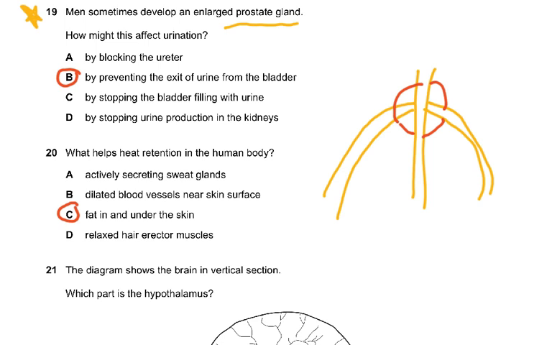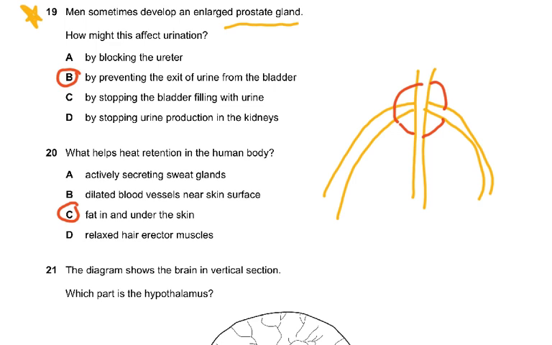So how might this affect urination? By preventing the exit of urine from the bladder, because it presses on the urethra, so the person has to strain to pass the urine out, because there is a sort of marginal blockage and the urine cannot be passed on.